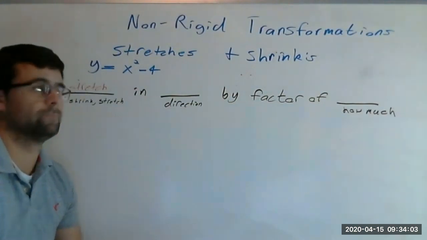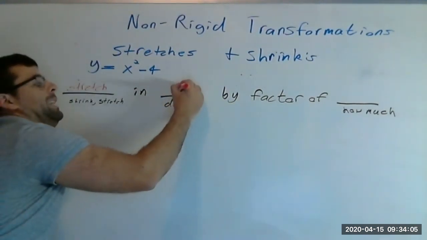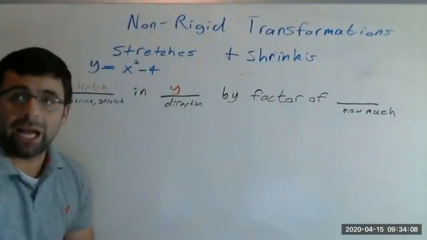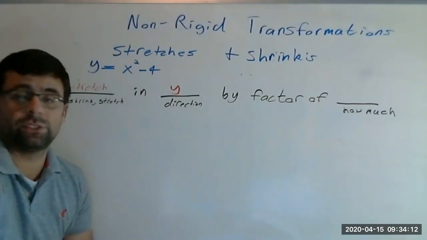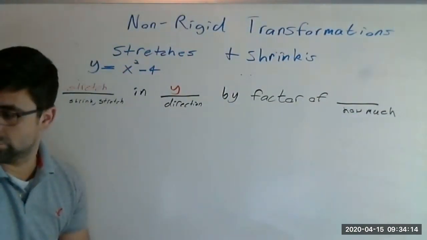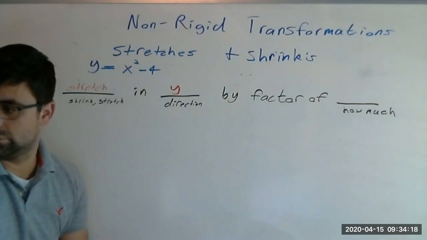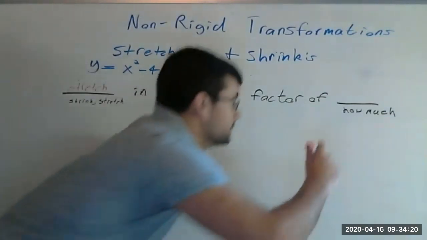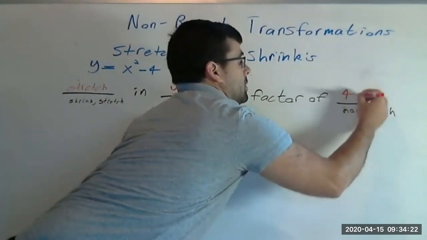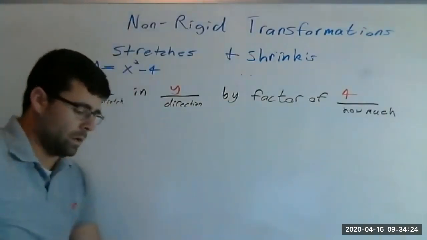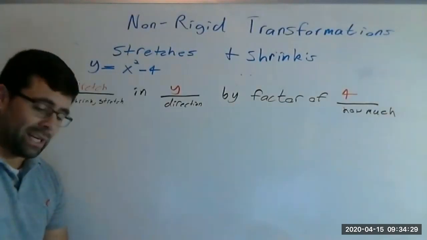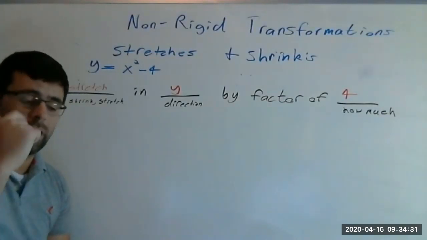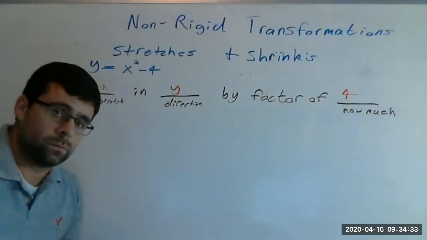The y direction. All right, so we're making it taller by a factor of how much? Twice as tall, 3 times as tall? 4. 4 times? Okay. All right, so we are stretching in the y direction by a factor of 4.